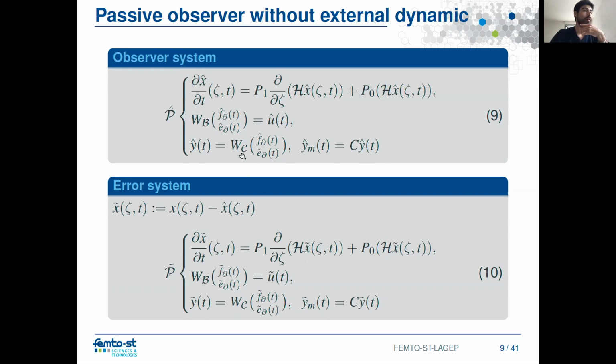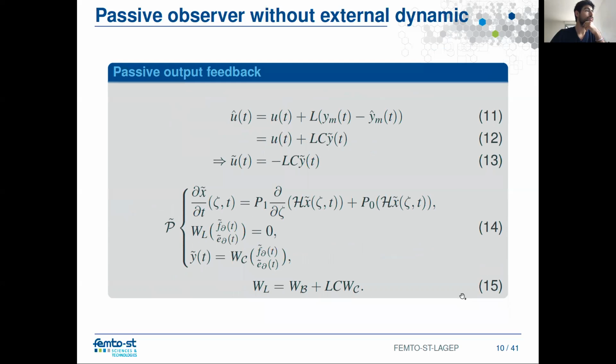And that is the same problem as proving that the error between these two systems converges to 0. So we define the error as the real system minus the estimated one, and we get the same structure as before.